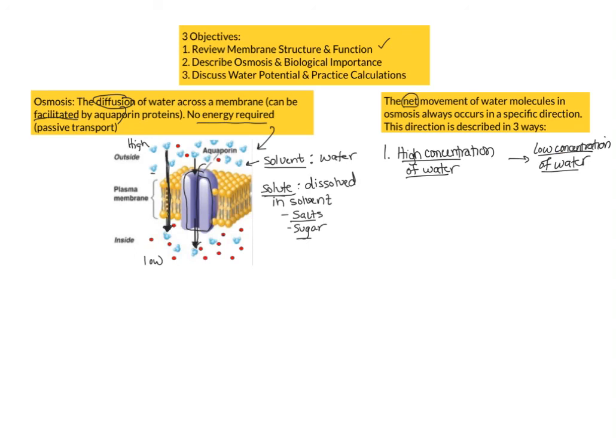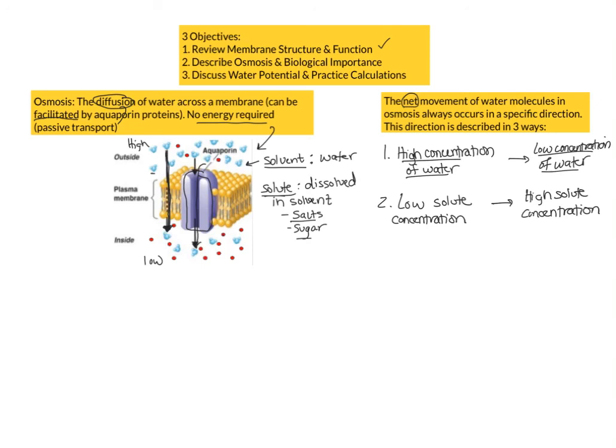Now, the other way that we can say this, and again, this is saying the same thing, is that osmosis occurs from a region where there is low solute concentration to an area where there is high solute concentration. Remember that solute is a substance dissolved in water, like salts or sugar.